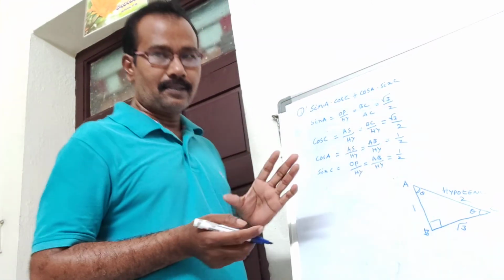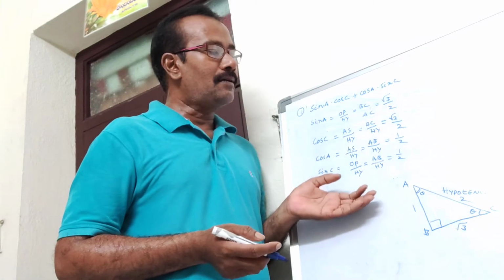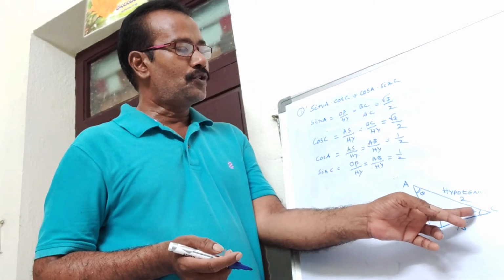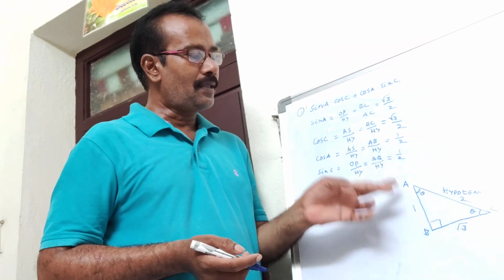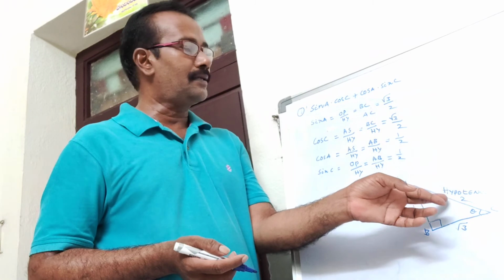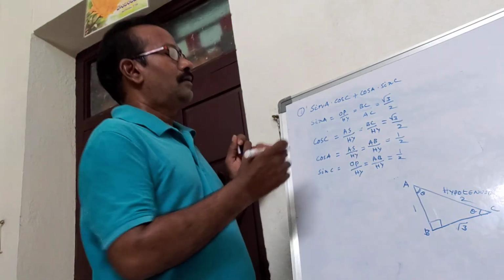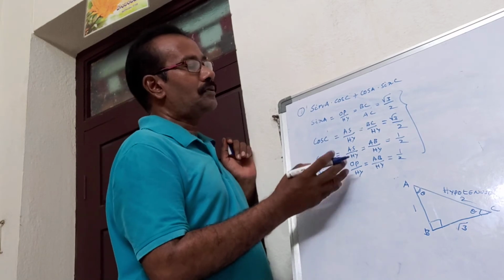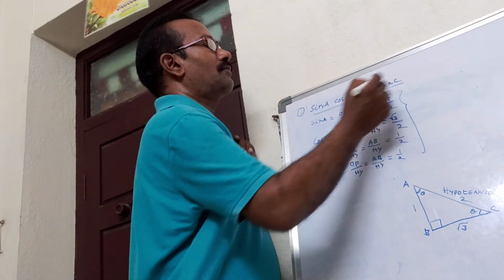How do you consider the opposite side here? When you consider angle C, the side opposite to C is AB. That's why we considered 1, and the hypotenuse we already calculated, so 1 by 2. So we got these values, and we can substitute them in the first sum.